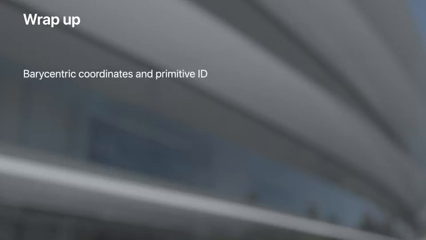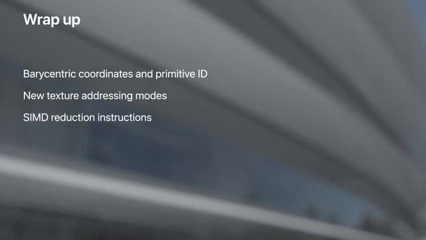Let's recap the new Metal features for the A14. Barycentric coordinates and primitive ID enable new deferred rendering techniques, including visibility buffer rendering. New texture atlasing modes, which are useful when using texture atlases. SIMD group scope reduction instructions that enable better communication between threads.